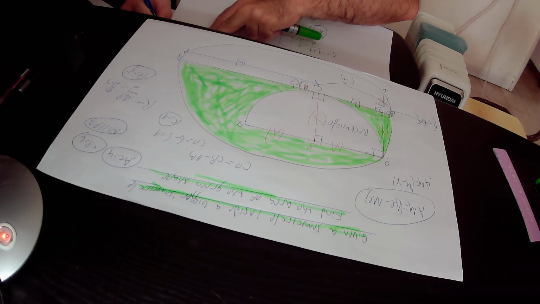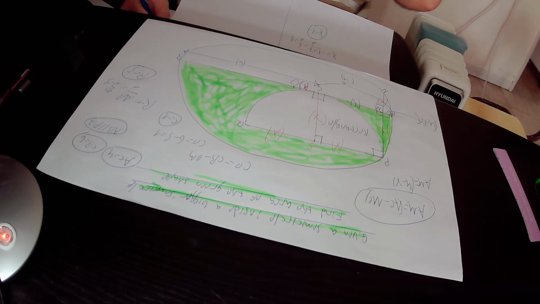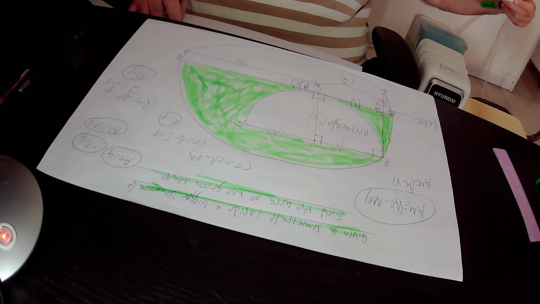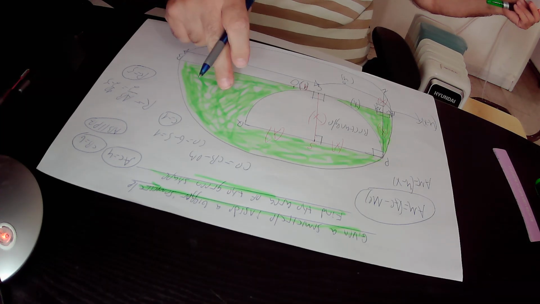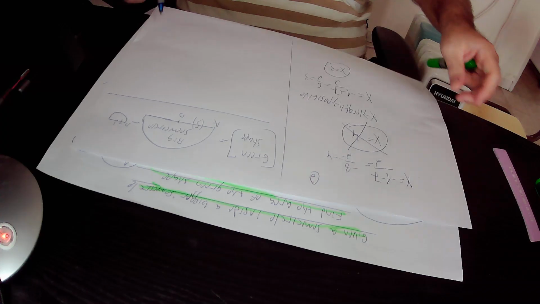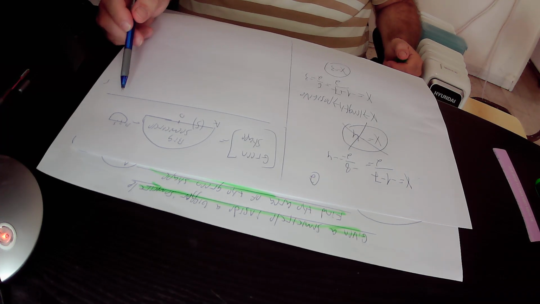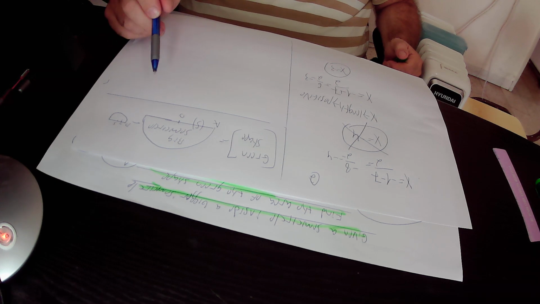We just found that the radius of the small semicircle is 3. So again, the area that we are looking for, the area of this green shape, in total equals the area of the big semicircle with radius 5, minus the area of the small semicircle with radius 3.